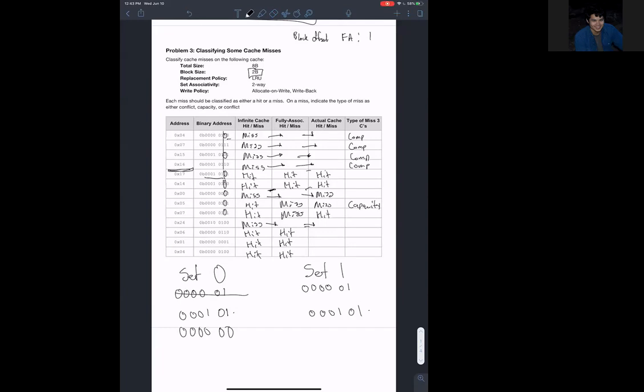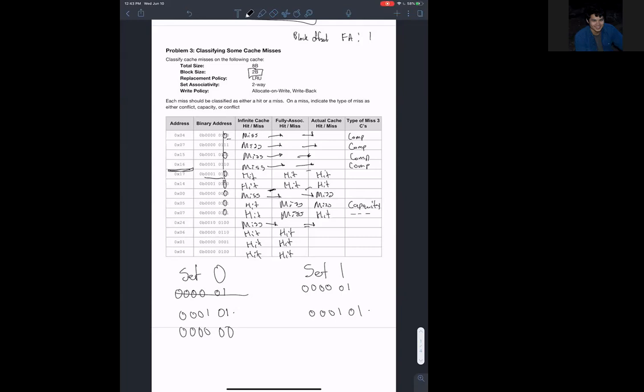And that's just because of the way our data access is worked out. So we see that this is actually kind of unclassified. If the infinite cache hits, the fully associative cache missed, and the actual cache hits, we don't really classify it as a type of miss for 3Cs because our actual cache hit. And then next, we know that 0x24 is a miss.